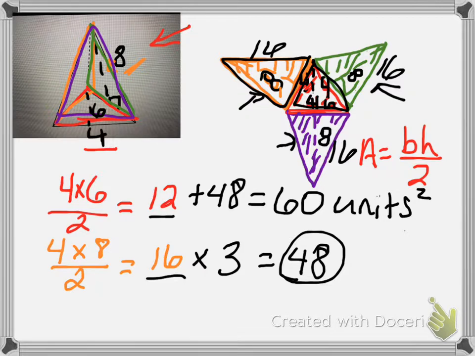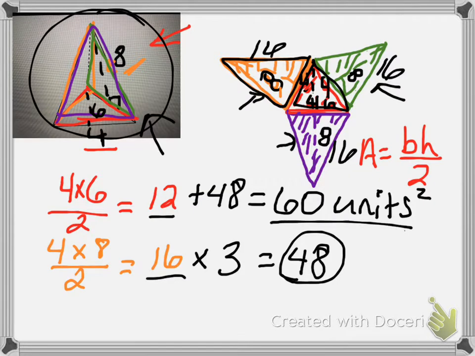So your total surface area of our original triangular pyramid is going to be 60 units squared. That one was a little quicker and easier than our rectangular pyramid. But remember, these have to be regular triangular pyramids. Regular means that all of the base measurements are the same. Our base triangle is an equilateral triangle.